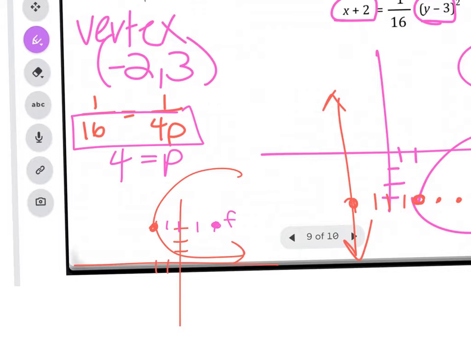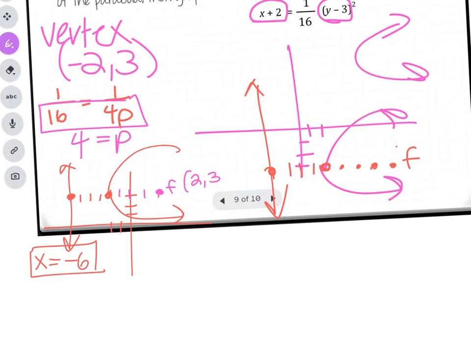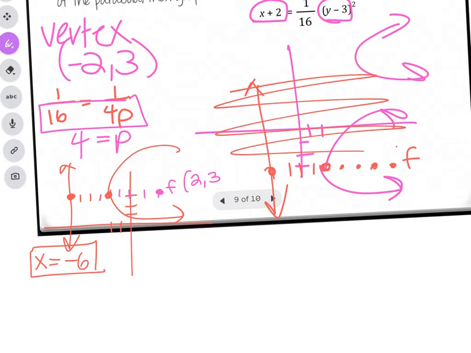That's your focus. So I went to the right 4, which means add 4 to that negative 2, and I'd get 2, 3. And then 1, 2, 3, 4, and that's your directrix. Negative 2 minus 4 is negative 6. And it's an x equals because it's vertical. So ignore this one, I shifted the vertex wrong.